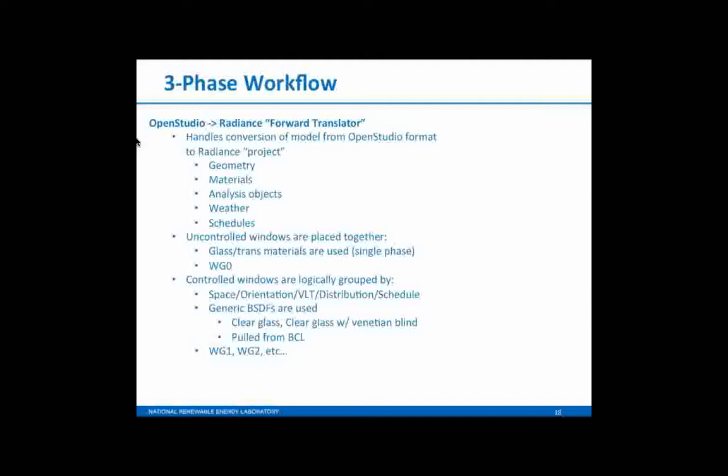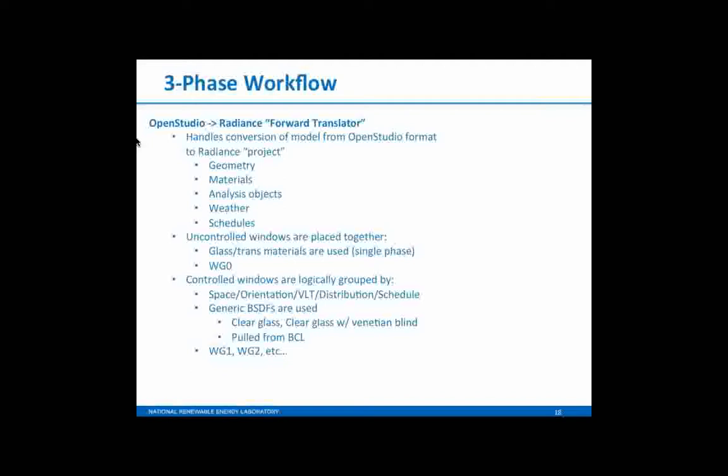So I don't really call it a file, it's more of a project. The geometry, the materials, the schedules, all the things that were assumed and specified in the OpenStudio app now get translated into Radiance speak. It all happens when you just hit the run button, behind the scenes. The user doesn't have to deal with it.